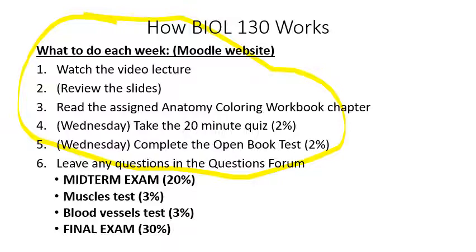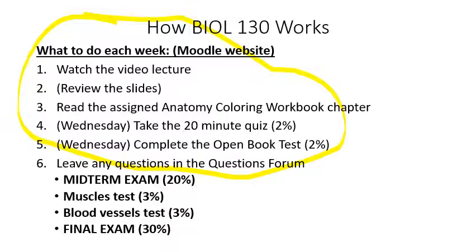Is it above or below another body part? Is it to the left or right of another body part? There's a very specific language that anatomists use to describe these things. And so the first exercise is about that.